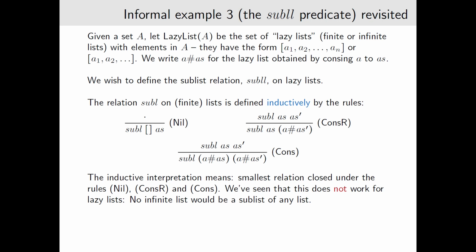So we have the lazy lists, right? So this is an exercise for you, and this was pretty much what I have done when I became interested in coinduction. I was just trying to do things without coinduction, to define a relation such as the sublist relation without coinduction.